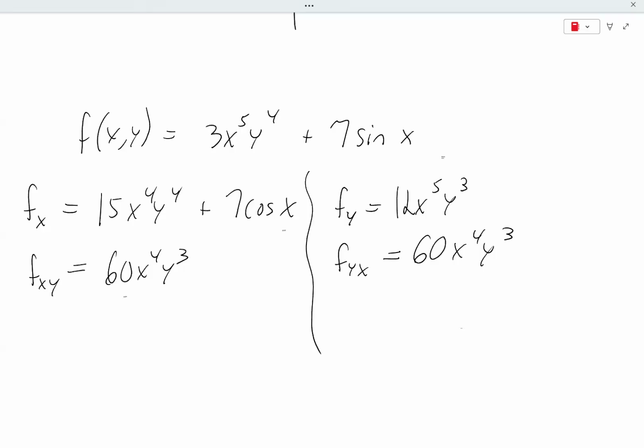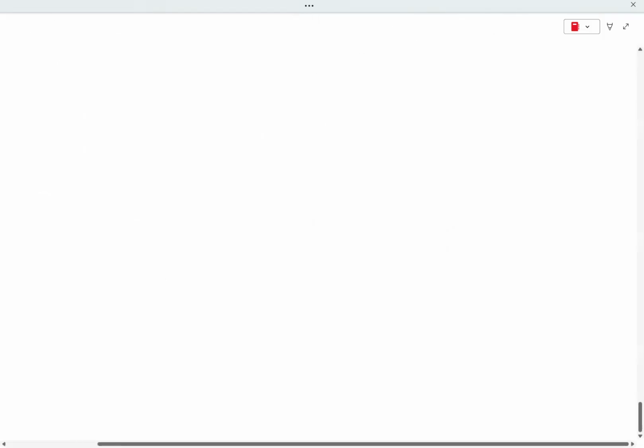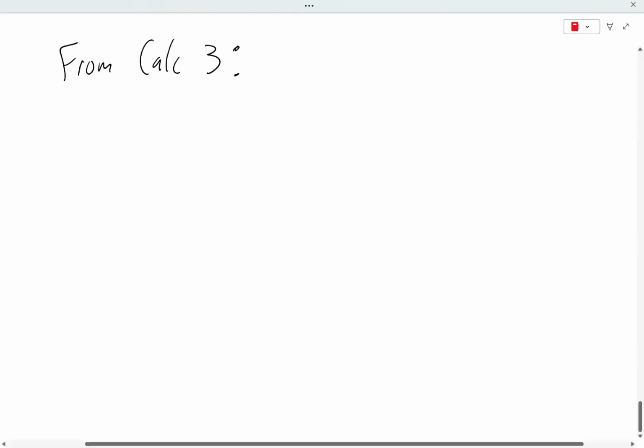Let's see. Okay. Now, another thing from Calc 3. This will lead into the exact differential equations. Just one result from Calc 3. And I'll just write this down here. We'll jump right into exact differential equations.